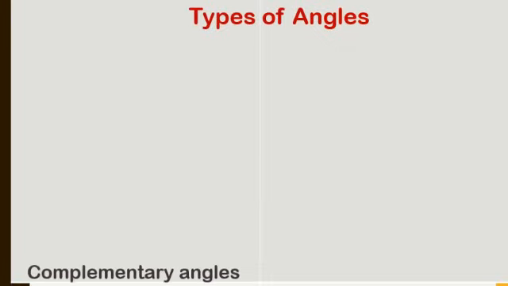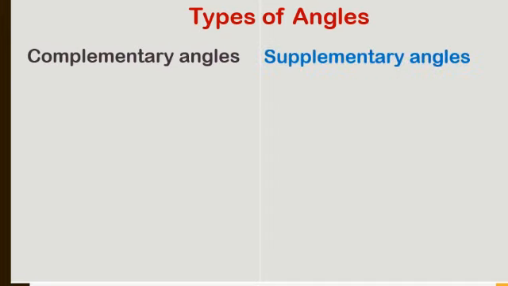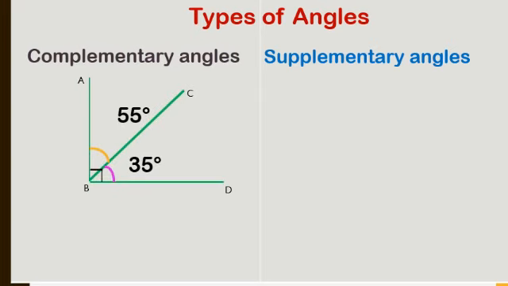Next is types of angles: complementary angles and supplementary angles. These angles are defined with respect to the addition of two angles. Complementary angles. In the figure, you can see two angles, angle ABC and angle CBD. Here, angle ABC is 55 degrees and angle CBD is 35 degrees.